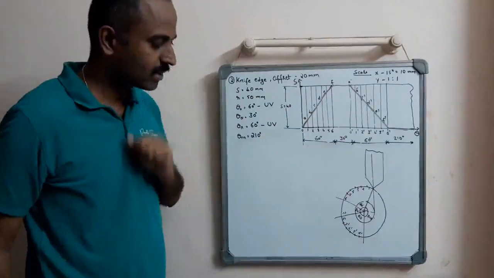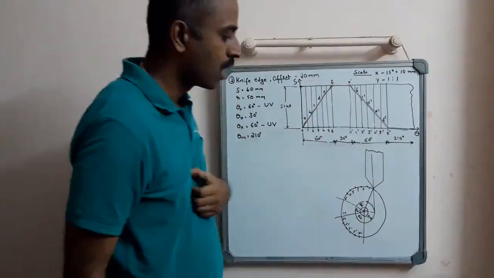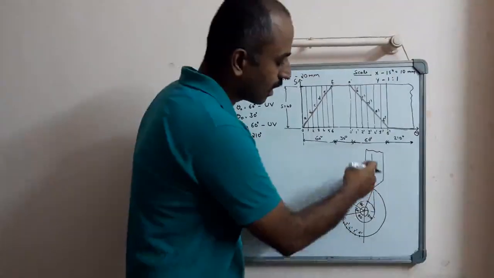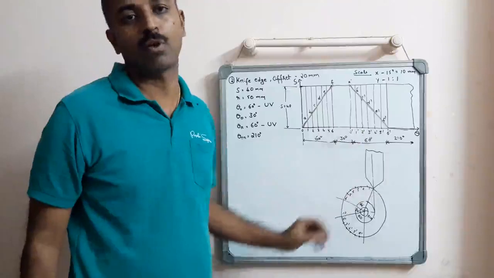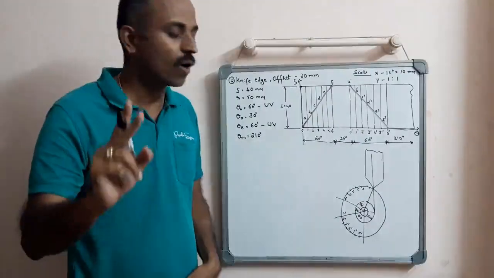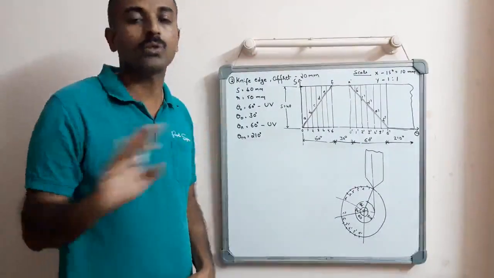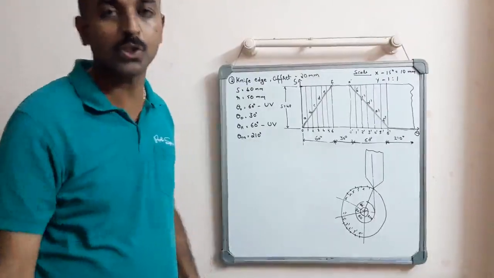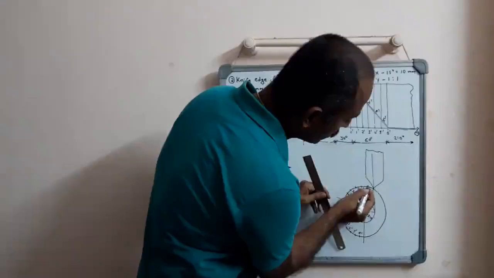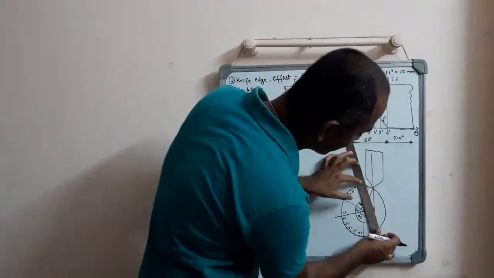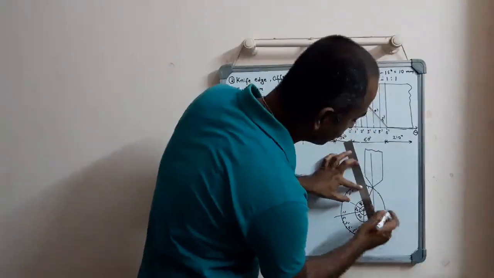Then after that, we are not supposed to draw the radial lines passing through the center of the cam. This is an offset follower. Remember, in case of an offset follower, we are not supposed to draw radial lines. We are supposed to draw tangent lines like this. So passing through 1, tangent to the offset circle, draw a line like this.